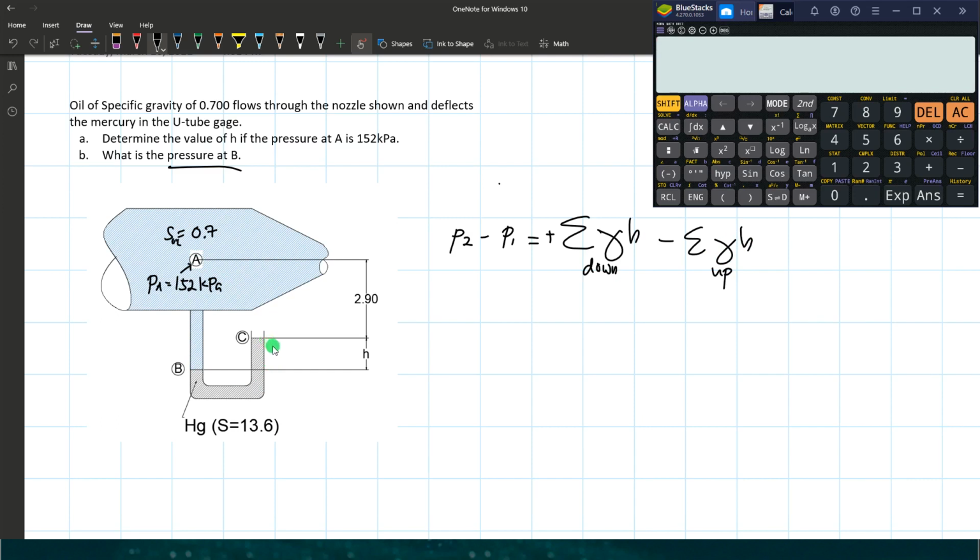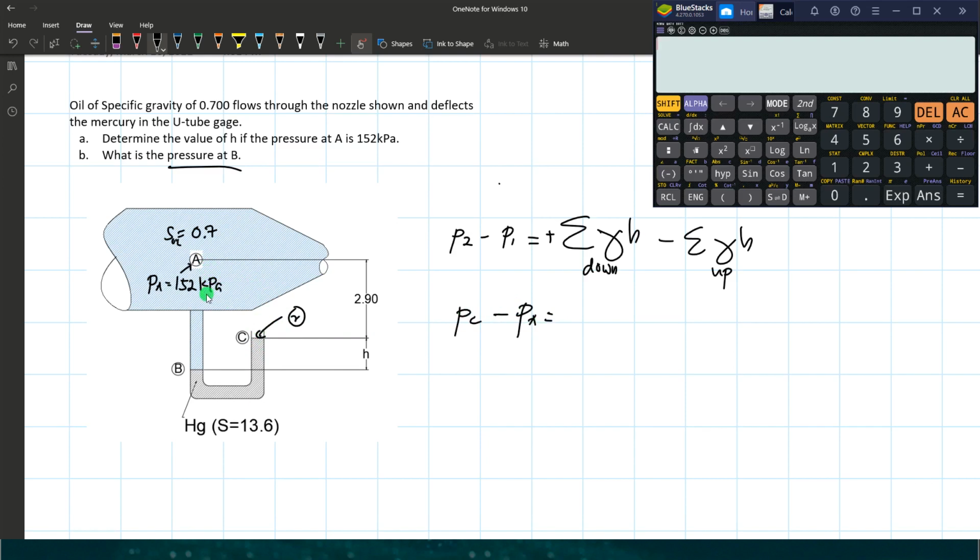So let's say here in this figure, our location of point 1 is at point A, and we will end measuring at point C. So this is the point 2. So we can rewrite this as PC, the point 2, subtracted by PA. So we determine the pressure difference between PC and PA.